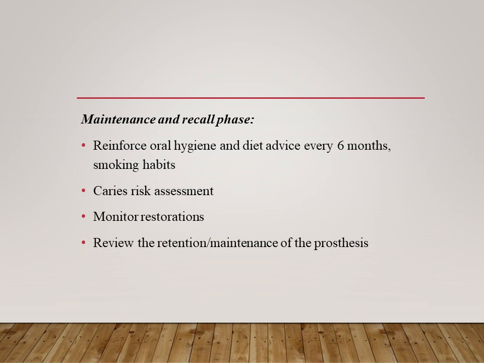So you have to reinforce oral hygiene, and you have to recall the patient every 6 months. It can be every 3 months also if the caries risk is very high. So for high risk patients, the recall can be between 3 to 4 months, or else if the oral hygiene is good and the patient compliance is good, then recall every 6 months should be fine.